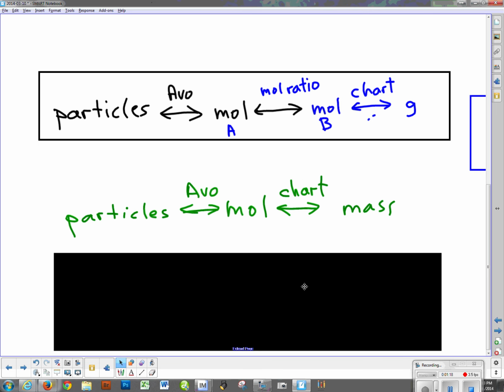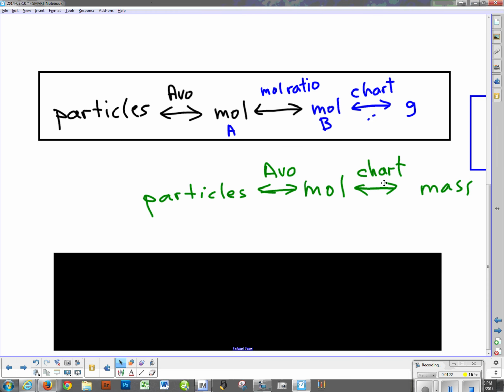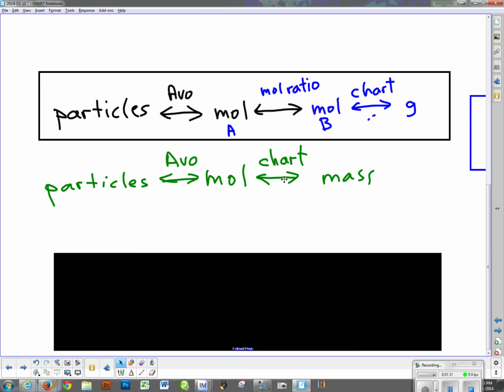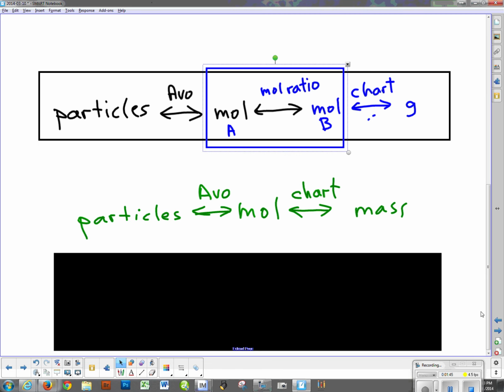Now we have gone and added another mole step between particles and moles. Or we could look at it the other way: we've added another step to moles, going from grams to particles. But for right now, we're just going to focus on this one little area, at mole-to-mole relationships.